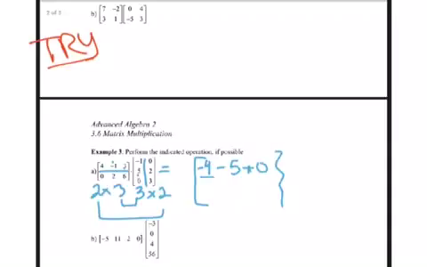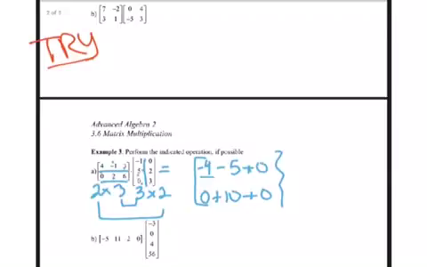Okay, that is my row 1, column 1. If I do row 2, column 1, now I'm going to use this row in the same column I just used. So I've got 0 times negative 1 is 0, 2 times 5 is 10, 6 times 0 is 0.